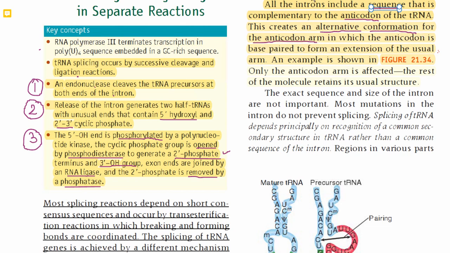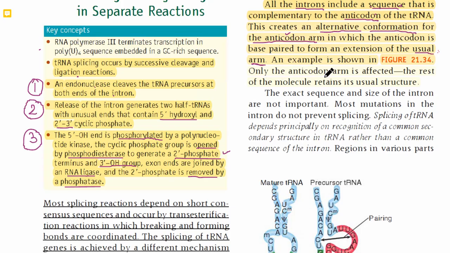The introns have a sequence which is complementary to the anticodon arm of the tRNA, as a result of which the introns form a base pair with the anticodon arm, forming an unusual arm.